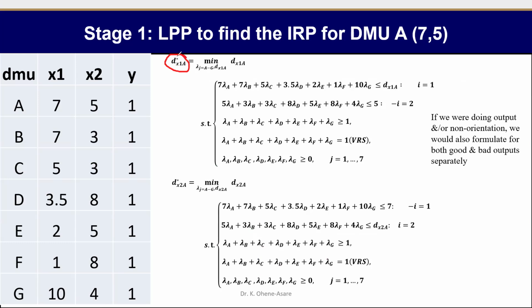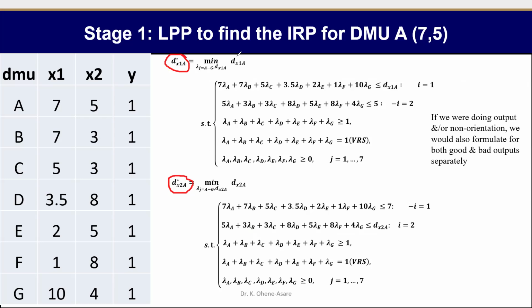So we are going to do the ideal reference formulation for input X1, then we do the ideal reference formulation for input X2 for DMU A. This is where we put it into your work. Do you get it? Okay. All of you have to do a hypothetical example and formulate it like this, even including the cost people. So how do you do that?